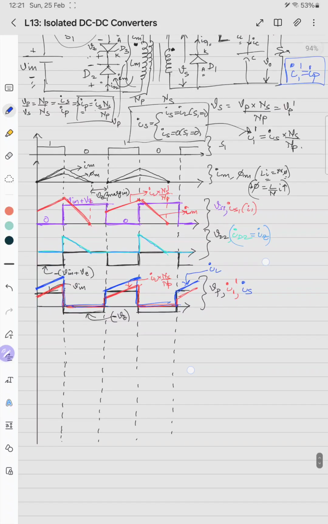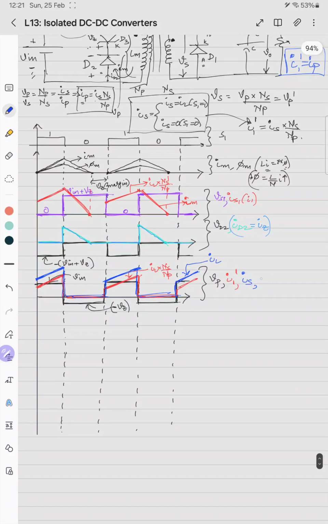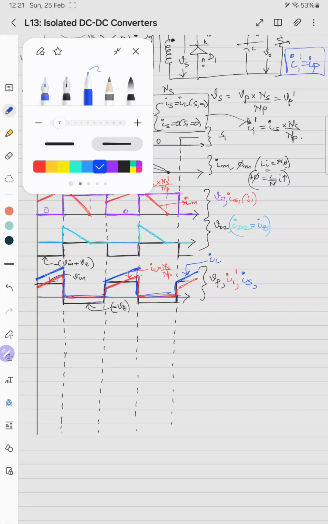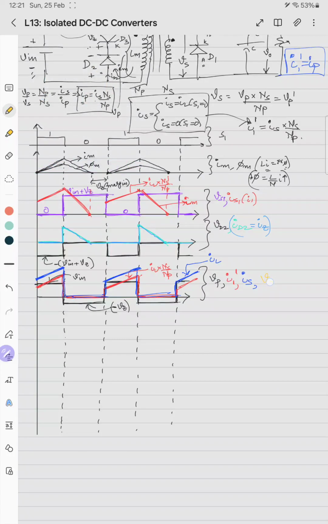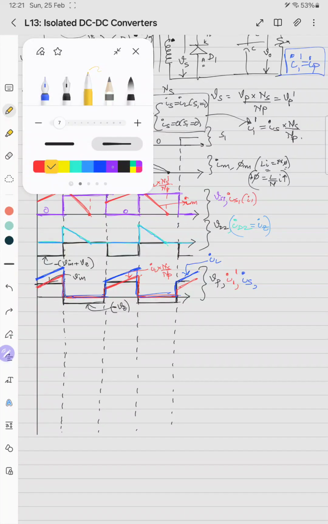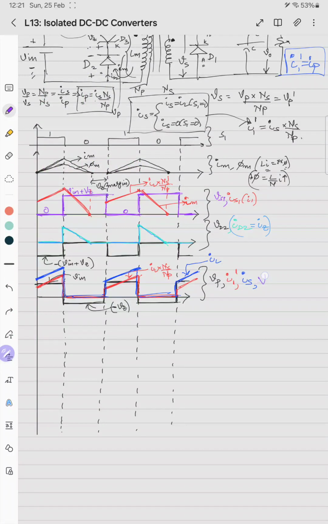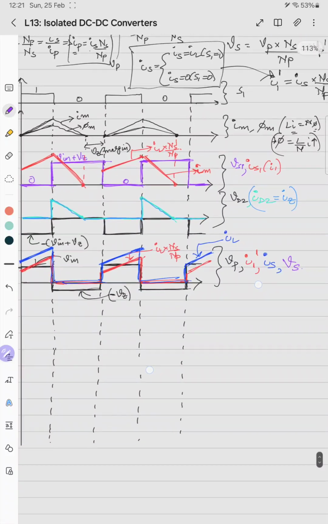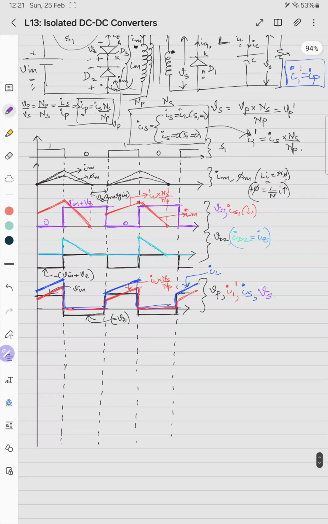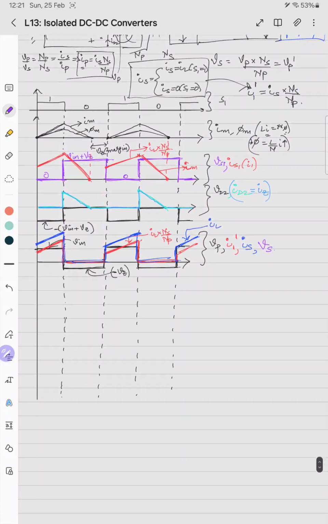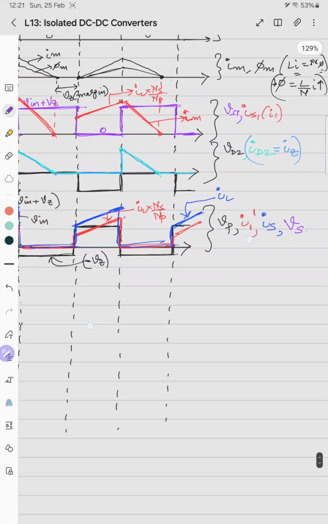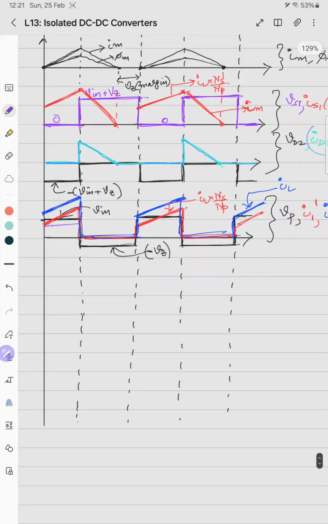We can write, comma, VS. Okay, comma VS. So is VP greater or VS greater? VP is greater and VS is small. So this will be written.